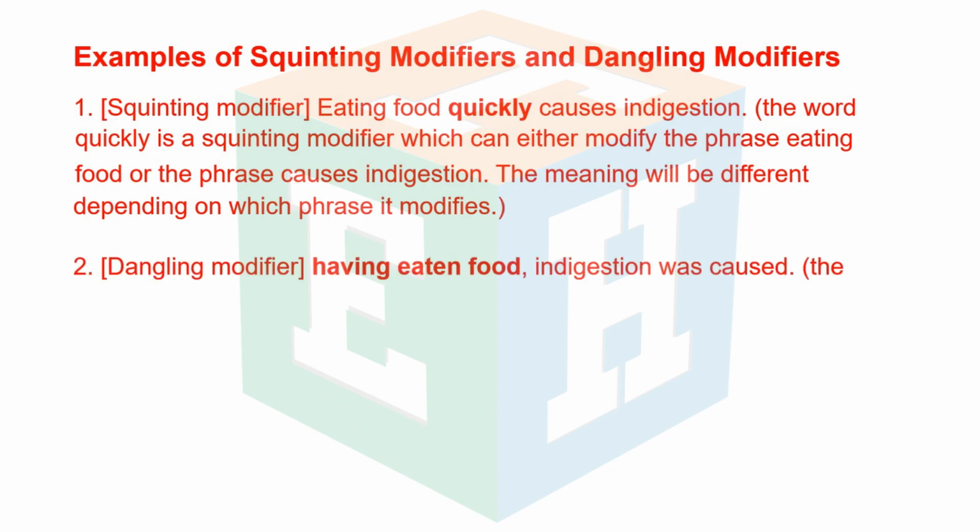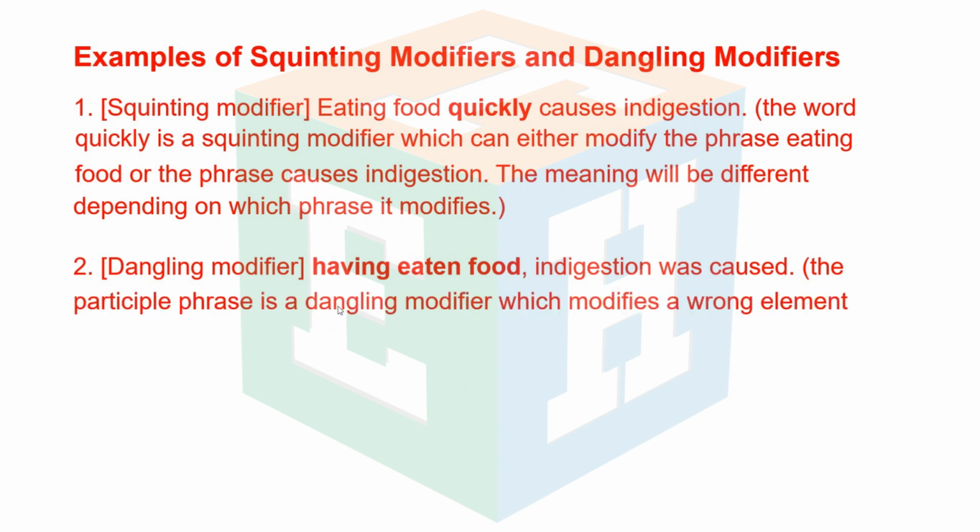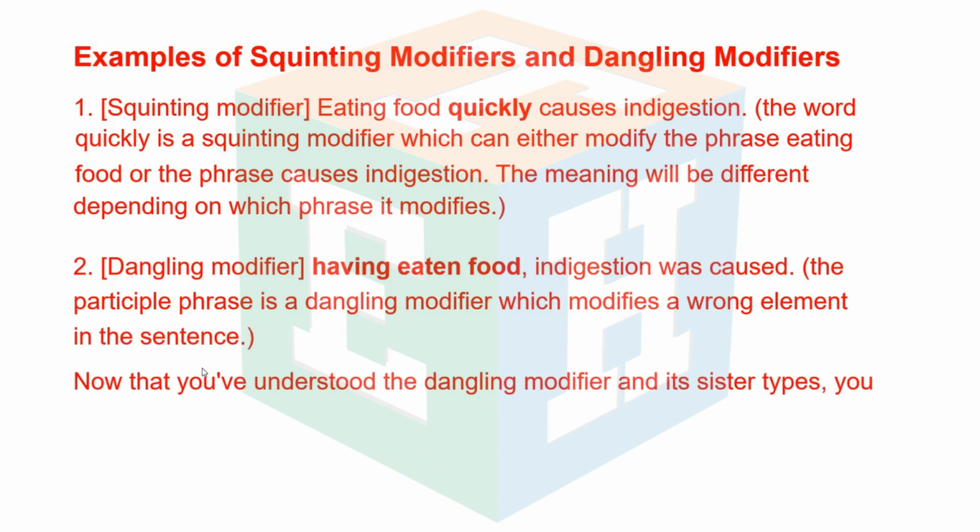Number 2. Dangling modifier, having eaten food, indigestion was caused. The participle phrase is a dangling modifier which modifies a wrong element in the sentence.